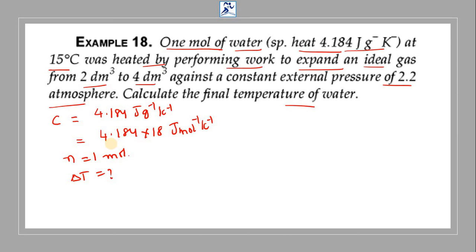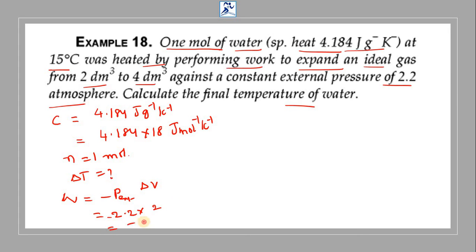Now, work done against external pressure is negative work done. So the work done W is minus P external into change in volume. P external given in the question is 2.2, and the change in volume we can calculate: 4 decimeter cube minus 2, that is 2. The units will be liter.